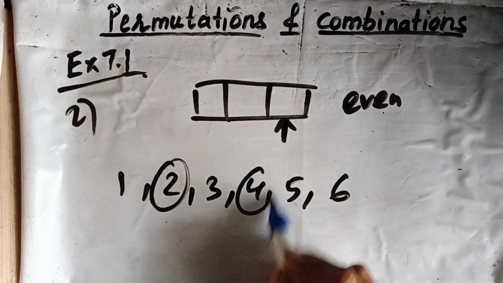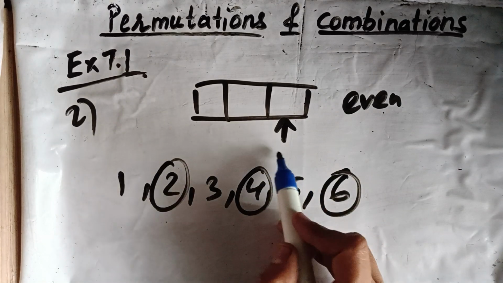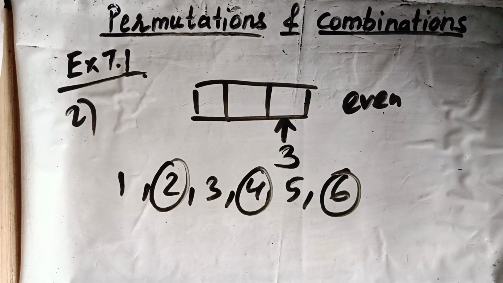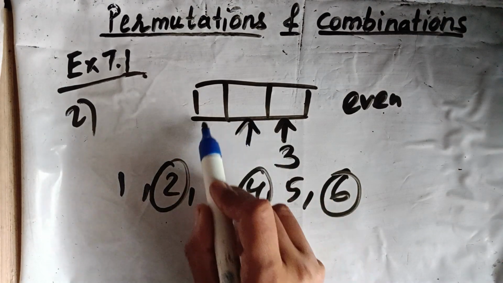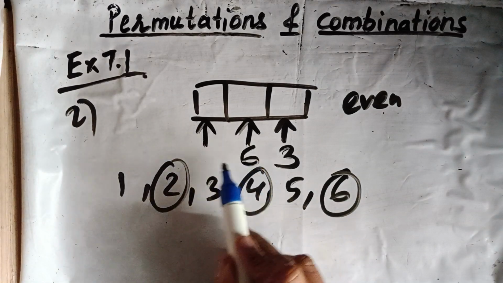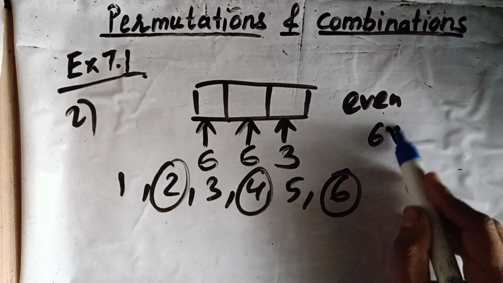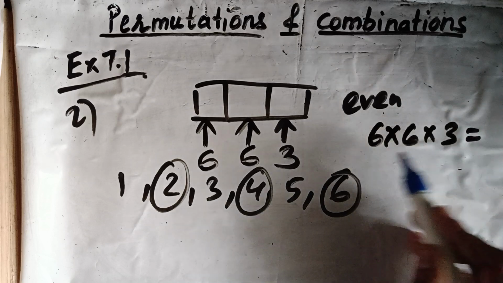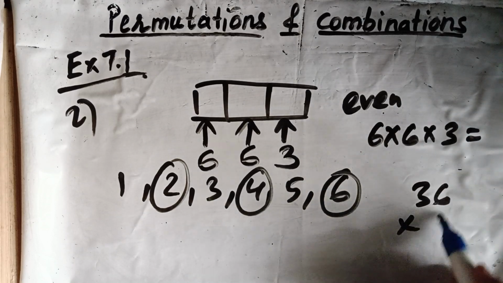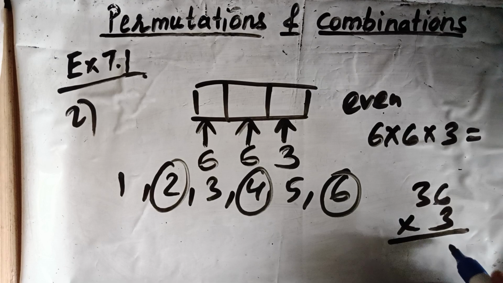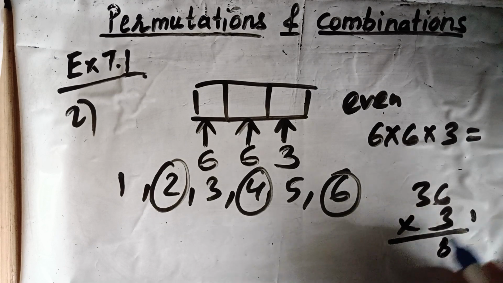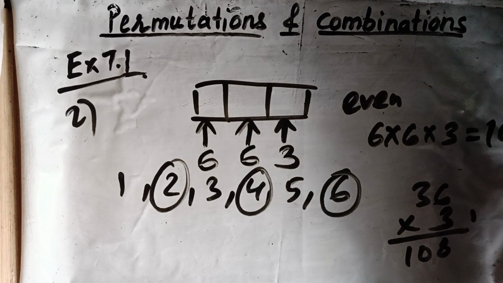So there are 3 choices for this. Digits can be repeated, so the number of choices for this and this will be 6 and 6. So 6 into 6 into 3, 36 into 3, 108.